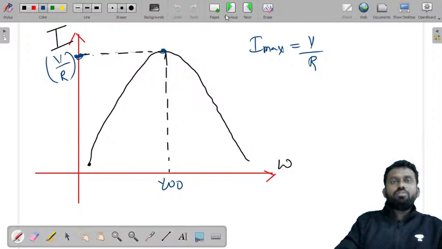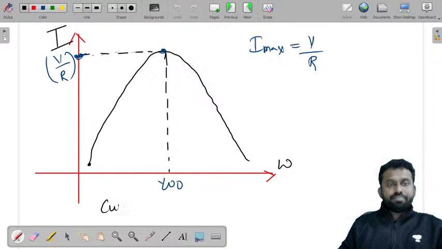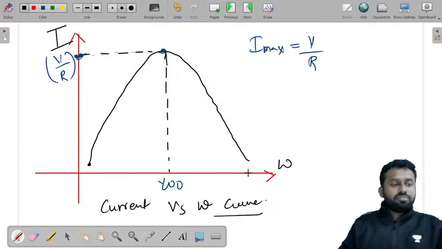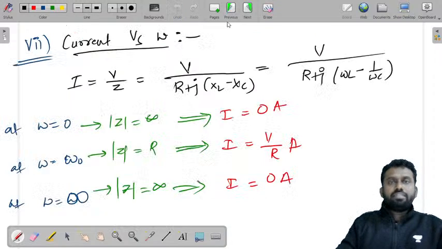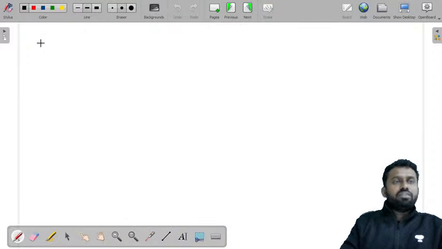Alright. So this graph is the current versus frequency curve, and this is impedance versus frequency. From these two, what can you conclude?